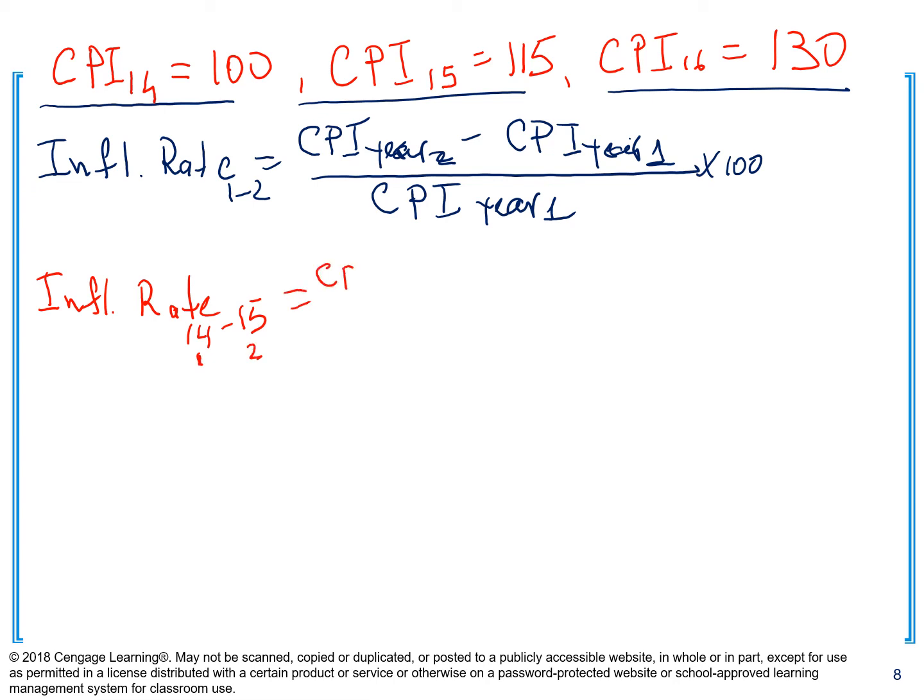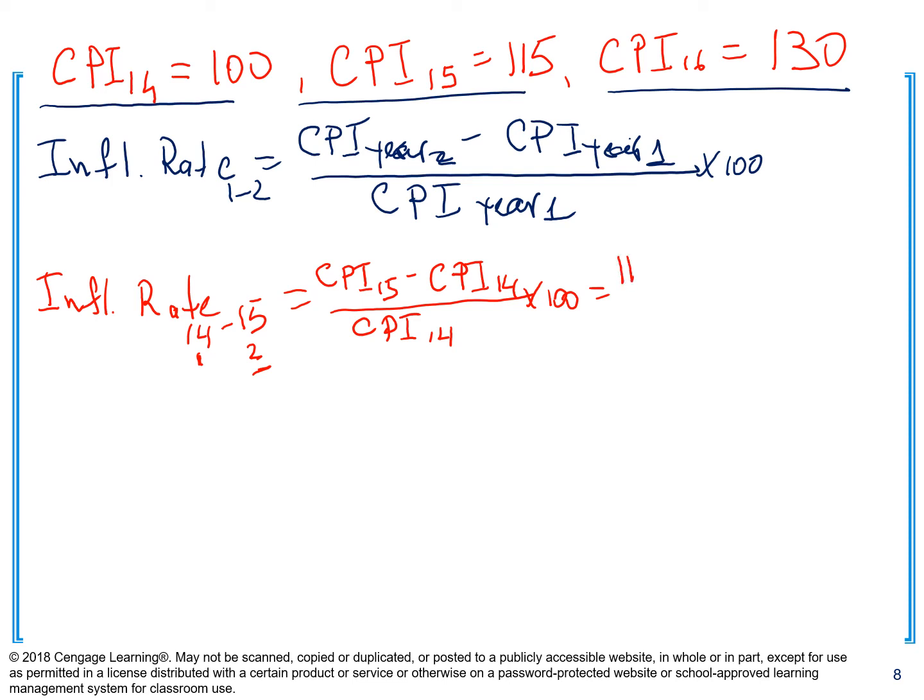So we have CPI year 2, that means year 15, minus CPI year 1, that is year 14, divided by CPI for year 1, that is year 14, and multiply by 100. Guys, remember, the inflation rate for the first year after the base year is all the time easy to calculate. There is no reason you can make mistakes here.